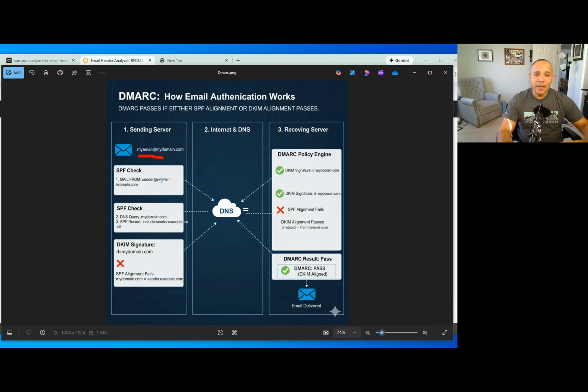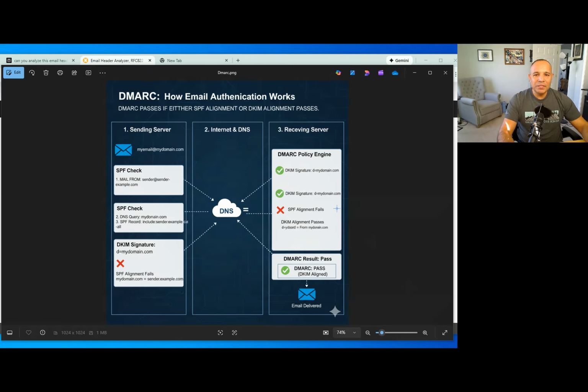In this case, that third party that is sending the emails, think about it as MailChimp or Constant Contact, I believe is the other one, or one of these multiple CRM systems. In this case, the emails are going to be coming from sender at sender-example.com, right? And something that you have to pay attention to is two separate parts in the header.